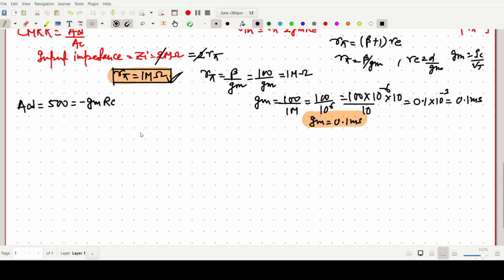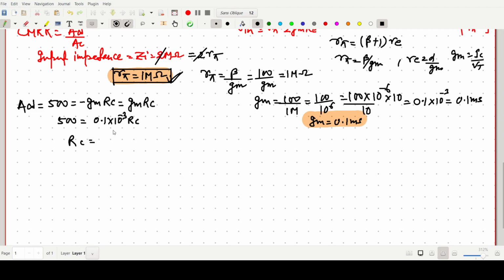So what we have to do? We have to just solve. Don't take just the modulus for the calculation. Okay. Taking modulus, so it should be 500 equals gm, so write 0.1 into 10 to the power minus 3, times rc.